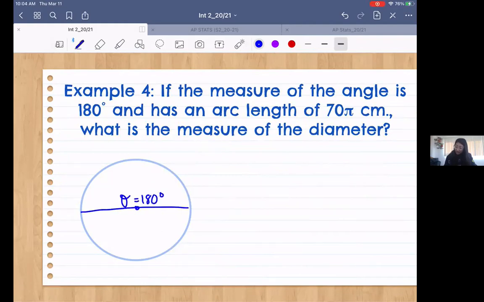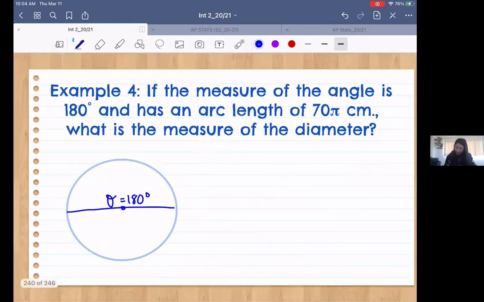We also have a diameter that we're looking for, so we have no idea what the diameter is. But what helps is that we find the radius and then it gives us our diameter. So we're kind of doing a similar problem. And the arc length, which is this length right here, is equal to, they told me, 70 pi centimeters.